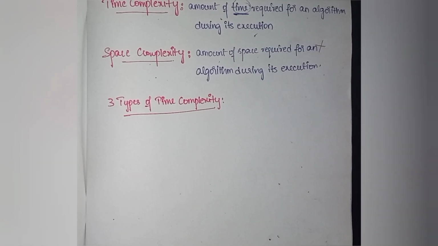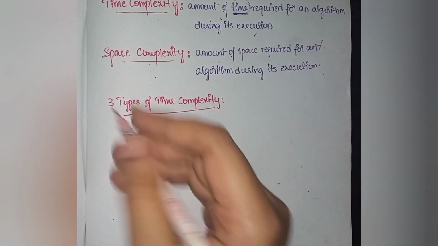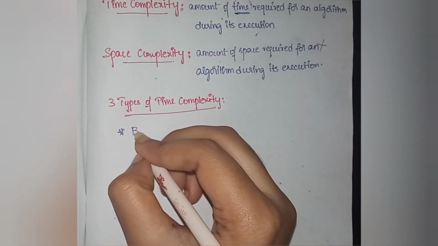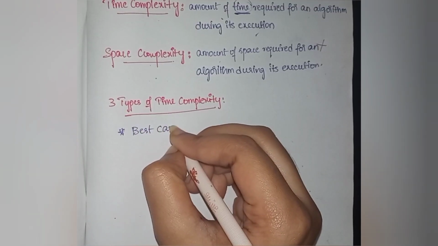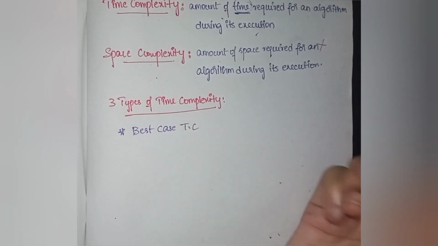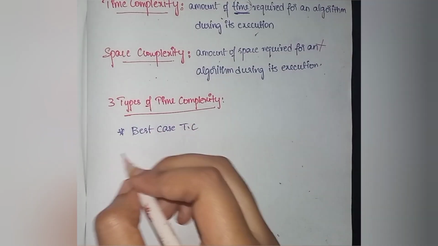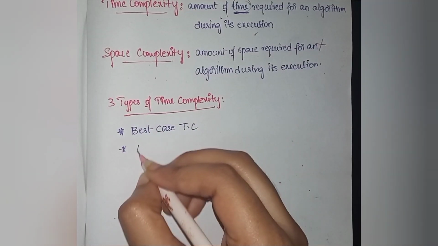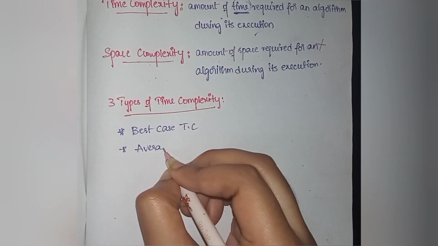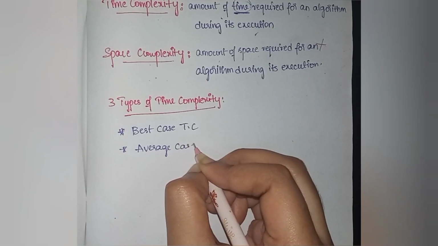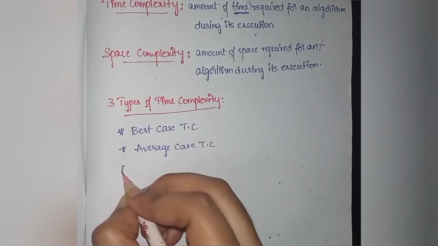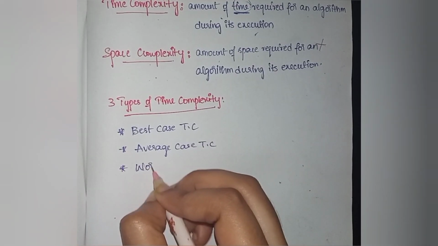So three types of time complexities. First is best case time complexity. I am writing time complexity as TC. And next is average case time complexity. And the third one is worst case time complexity.